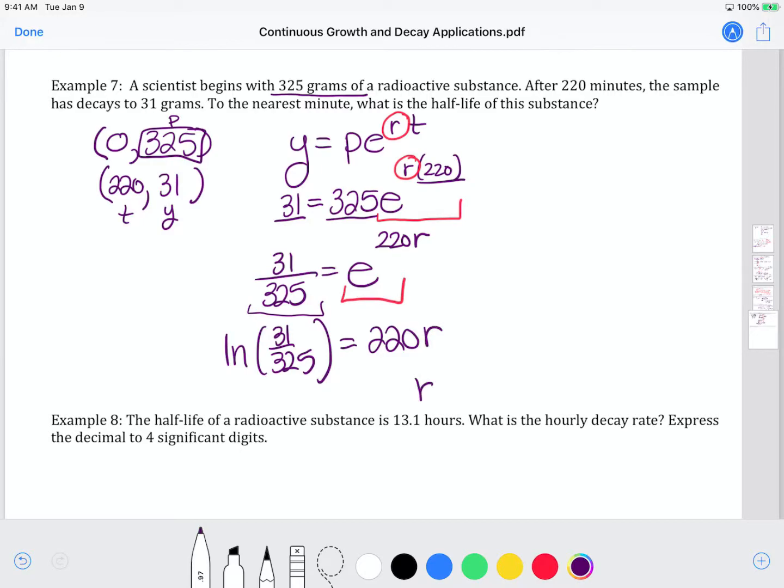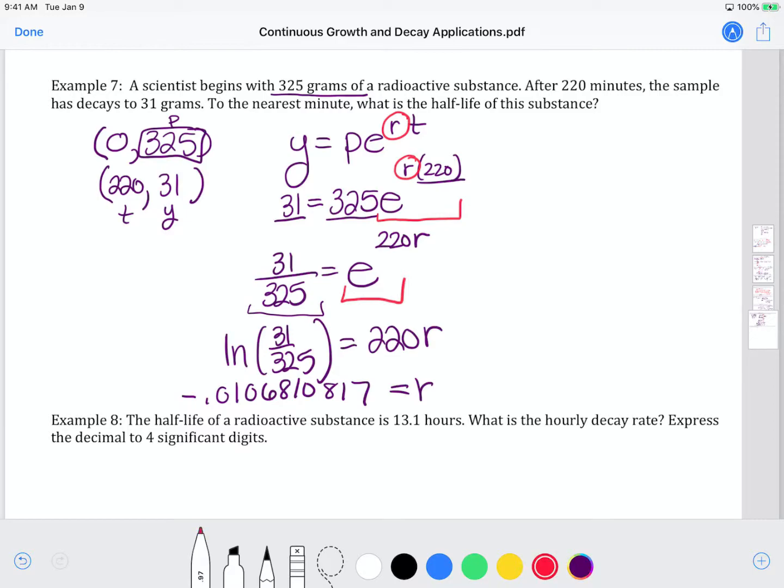And then I divide both sides by 220 to get what my r is. On my calculator, I'm going to do the natural log of 31 divided by 325, and then take that answer and divide by 220. And it gives me negative 0.0106810817.